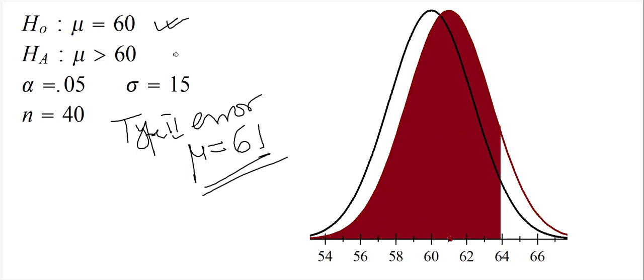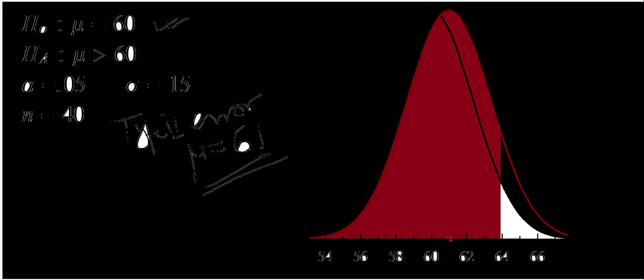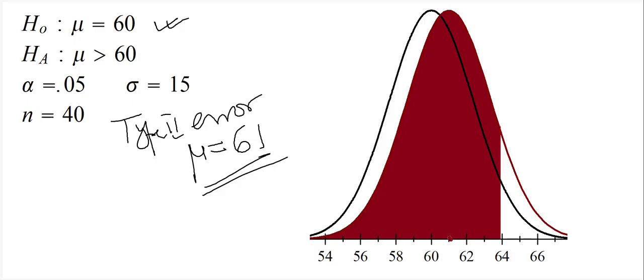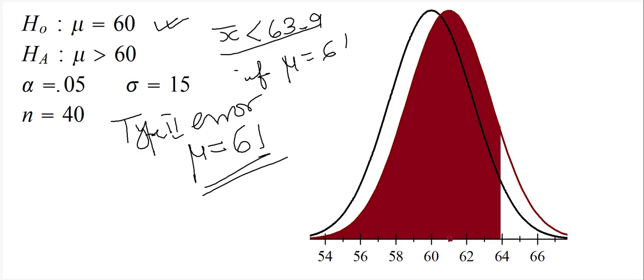So what this region is, is the probability that the sample mean is less than 63.9 if the population mean is 61, and of course we are taking the same spread, which is 15 over square root of 40. So we'll go back to Excel and obtain that probability.